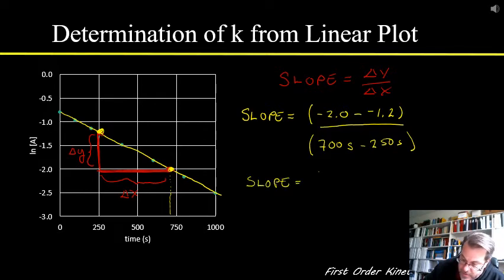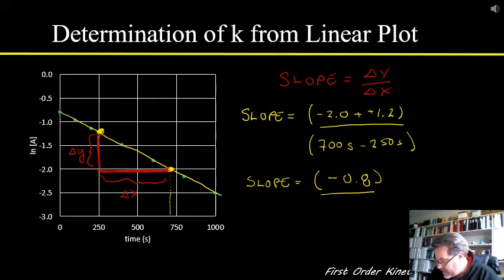So our slope is going to be -2 minus 1.2. That's minus a minus, so we can make that a plus. This will be -0.8 over, what's that, 450 seconds? I believe it is. I'm going to double check just to make sure. All right, yep.